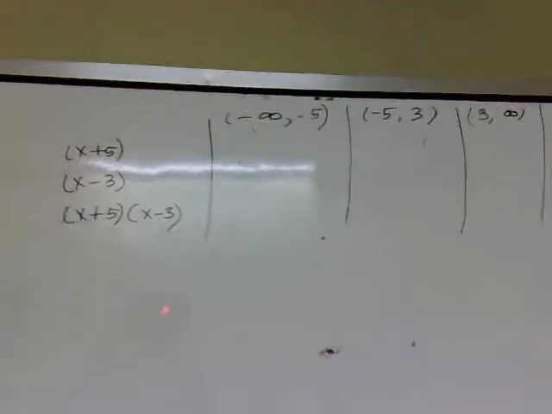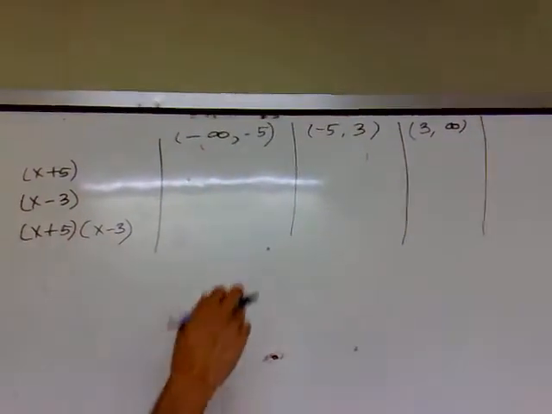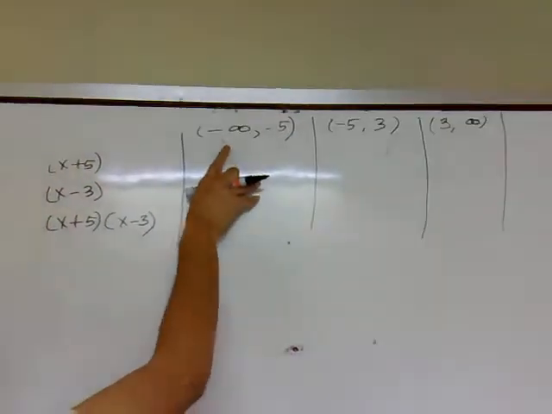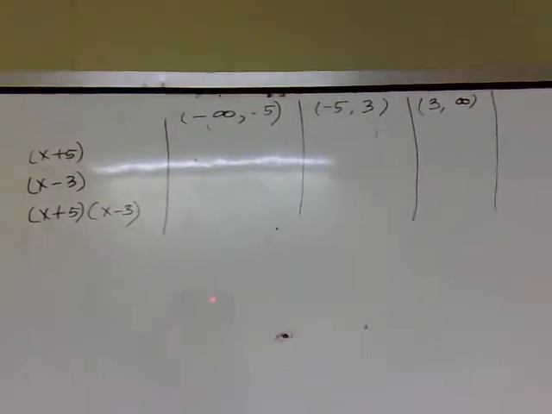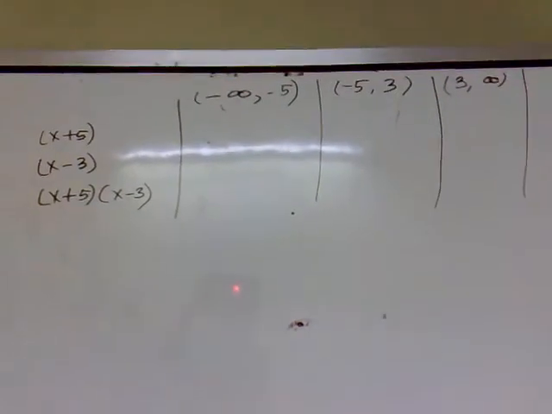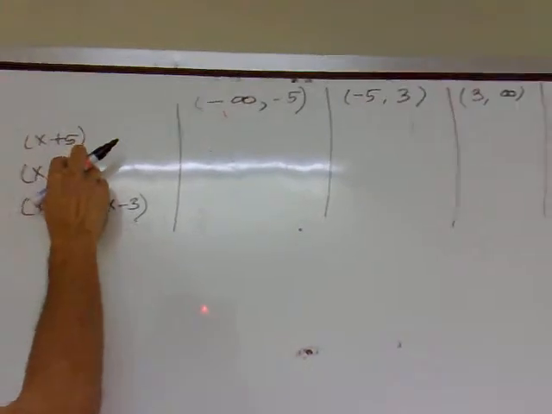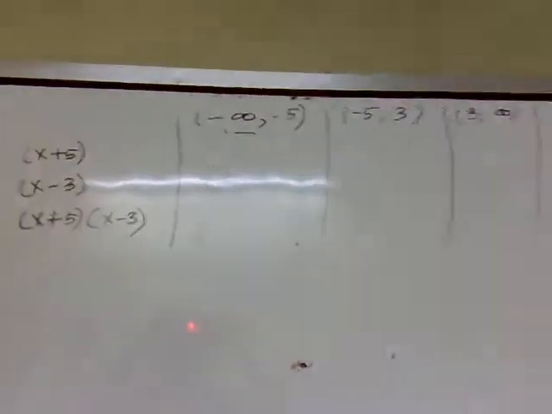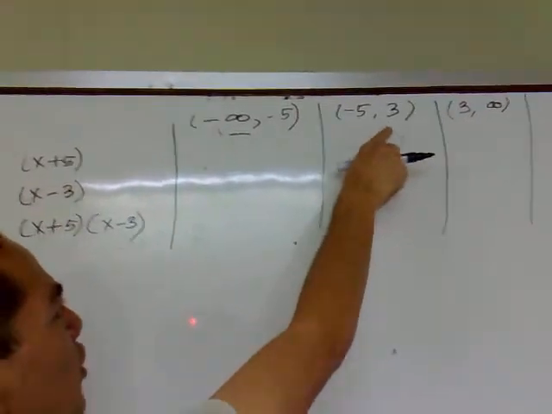Now, the best way to do this is to name a value from negative infinity up to negative 5. I'm going with negative 6. Negative 6 plus 5 is negative 1. Therefore, this is negative. Then I'm going to name a value from negative 5 to 3.